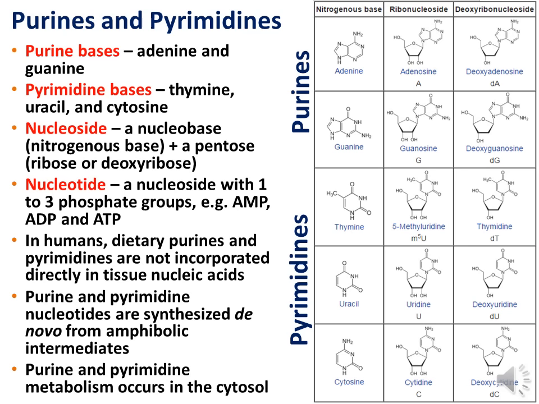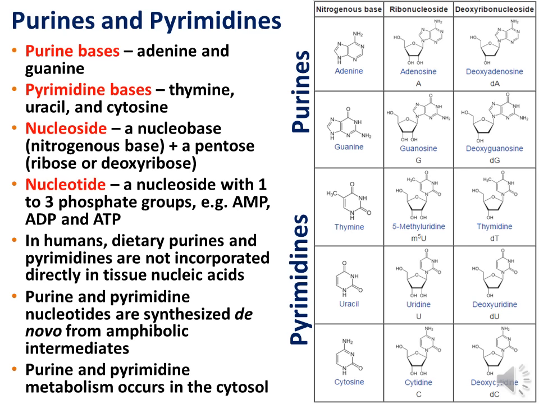The nucleotides are nucleosides that have been phosphorylated. They can have 1 to 3 phosphate groups. So examples of purine nucleotides include adenosine monophosphate, adenosine diphosphate, and adenosine triphosphate.